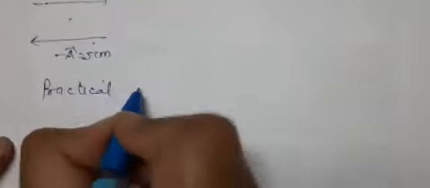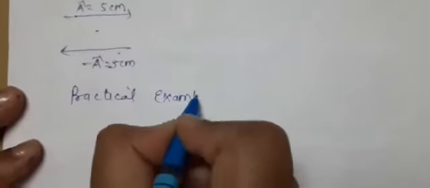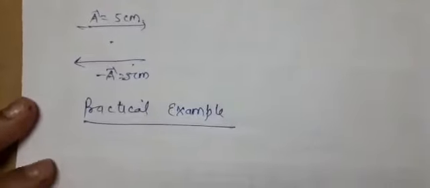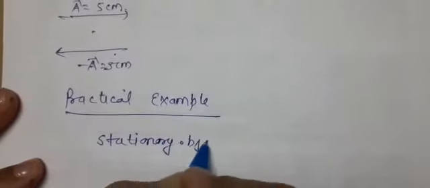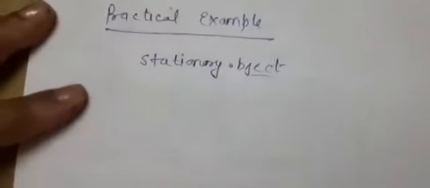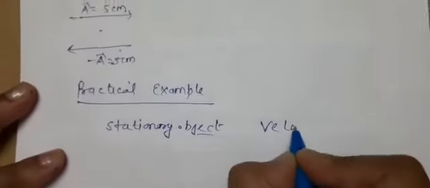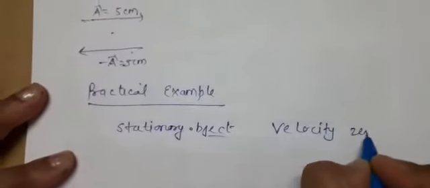Now, what are the practical examples of a 0 vector? What is the actual concept? Suppose a body is stationary. When an object is stationary, its position is not changing. So what will be the velocity? You will say it will be 0.